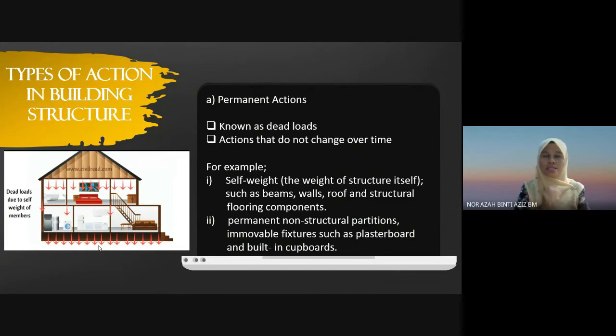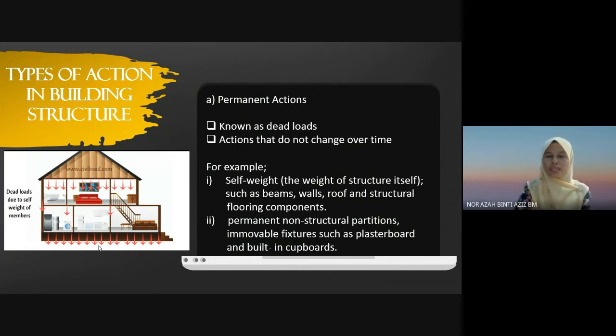Like I said just now, column made of reinforcement bar and concrete. So we call it as reinforced concrete column. So it means column tu dia ada berat dia sendiri. Dia pun support their own weight. So self weight of reinforced concrete column is a dead load.